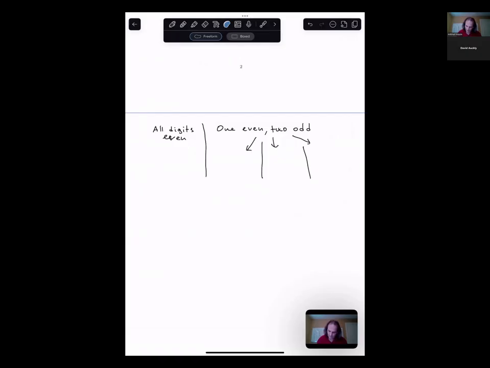Okay, what do you think? What are the three parts here? How would you split this when there is one even and two odds? What is the natural way to split it into three parts?